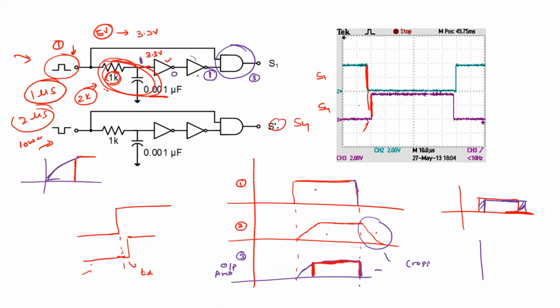Whatever this gap is, this is 1 microsecond, since each division is 10 microseconds. So that's why you have a 1 microsecond time delay. Similarly, this is the actual transition and this one is the delayed transition.